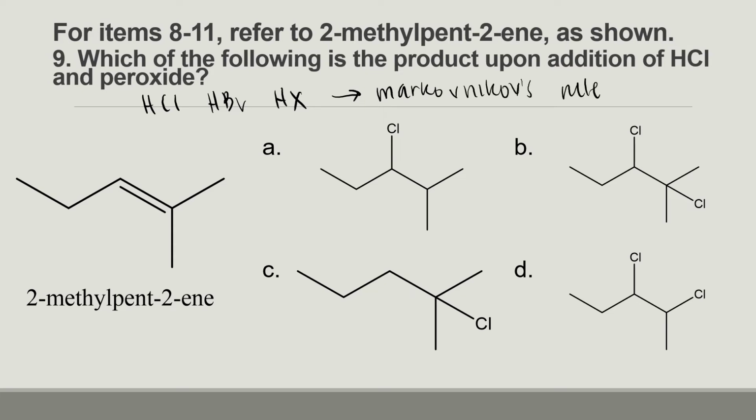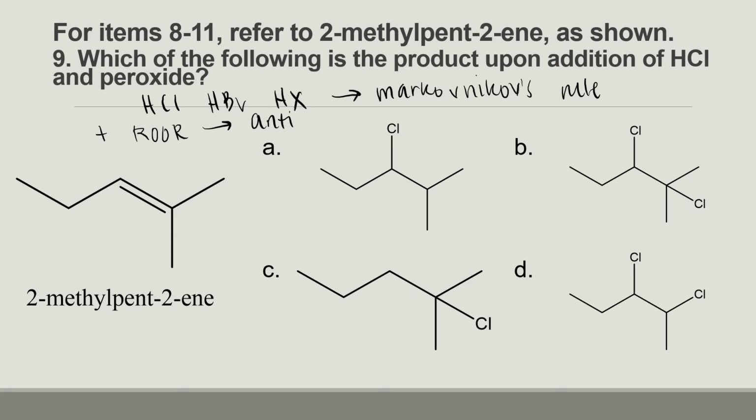Ibig sabihin nun, mag-a-attach yung halogen doon sa carbon na more substituted na carbon. However, alam natin na kapag naglagay tayo ng peroxides sa reaction, nagiging anti-Markovnikov siya.